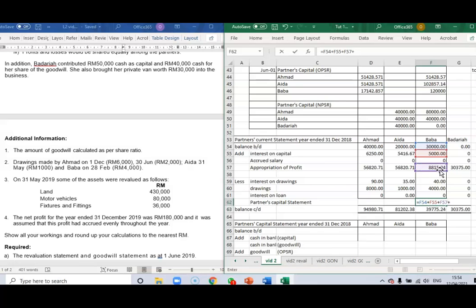Oops, sorry. And deduct interest on drawing, deduct drawing. So this is the amount. So this amount, oops, plus, deduct.